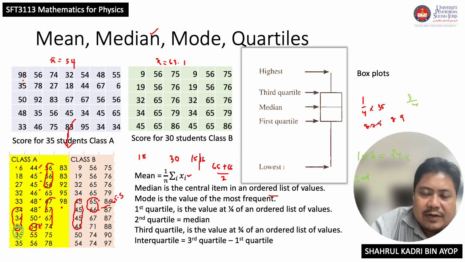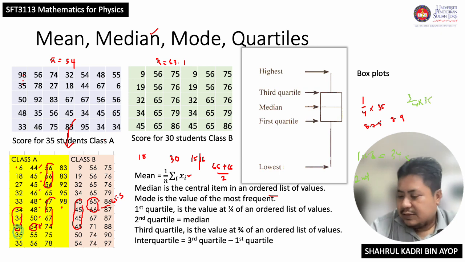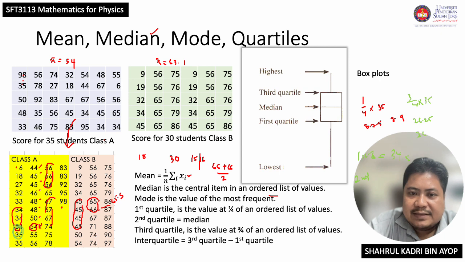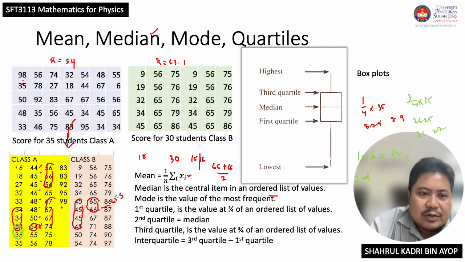And the third quartile, how to calculate? The third quartile is 3/4 times 35. So we have 26.25. That means it is between 26 and 27. So 26, where is it? 20, 20, 26, 5, 6, 7.